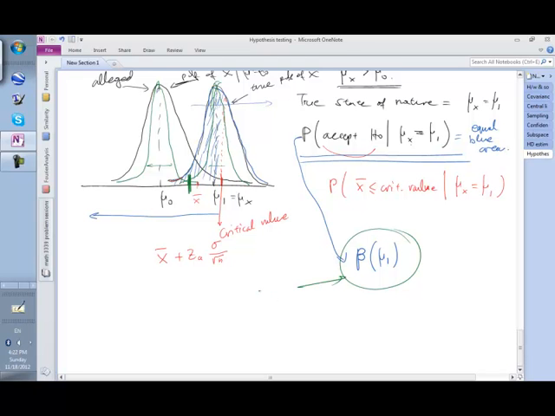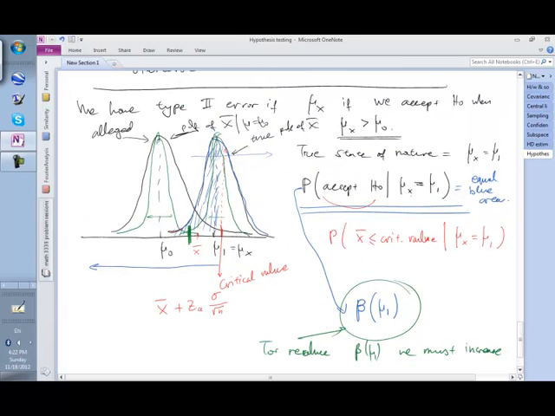So, in other words, to reduce beta of mu sub 1, we must increase the sample size. And this is exactly what we said with discriminability. By reducing the sample size, we reduce the discriminability of the statistic x bar.